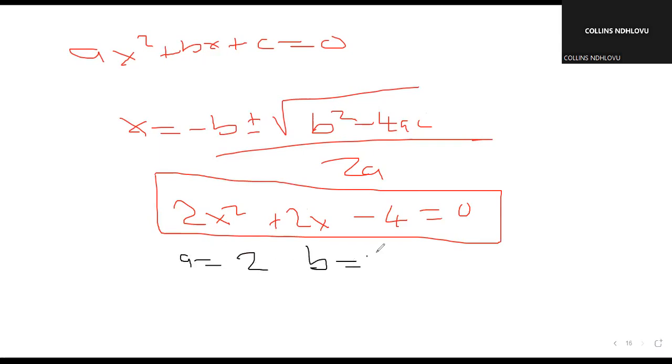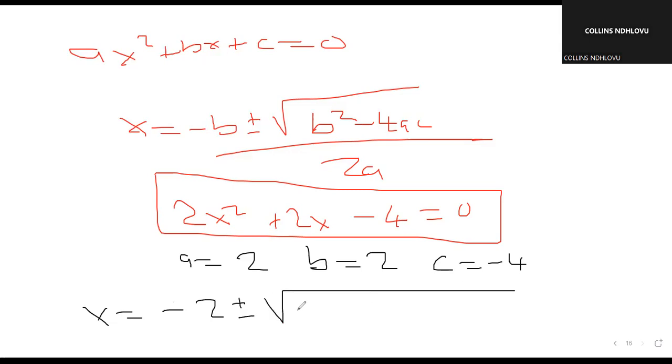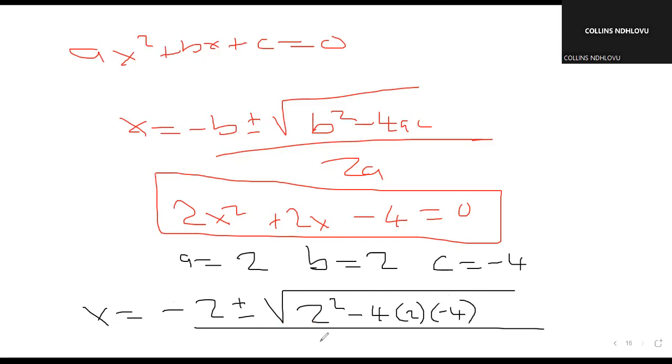Our b is 2, and our c is negative 4. So we substitute in this formula to find the value of x. Here we have negative 2 plus or minus the square root of 2 squared minus 4ac, where a is 2, b is 2, and c is negative 4.